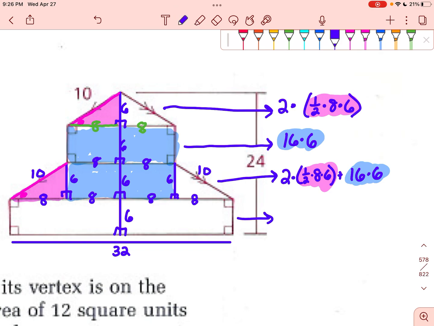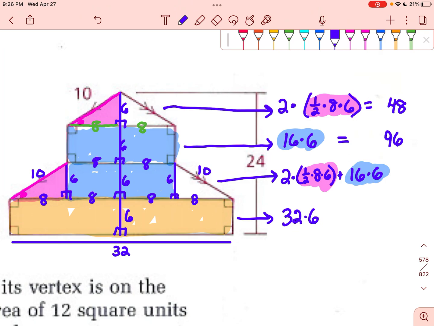And then we have our bottom shape right here. Again, this rectangle has a base of 32, and we already stated that each of our figures has a height of 6. So this would be 32 times 6. Once you calculate this, this ends up being 48. 60 and 36 is 96.